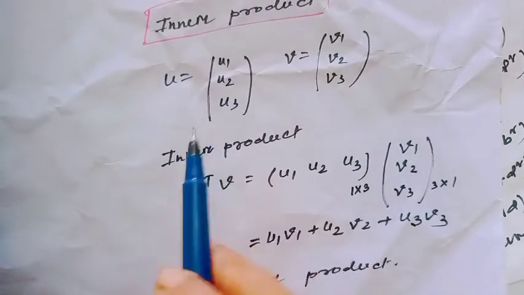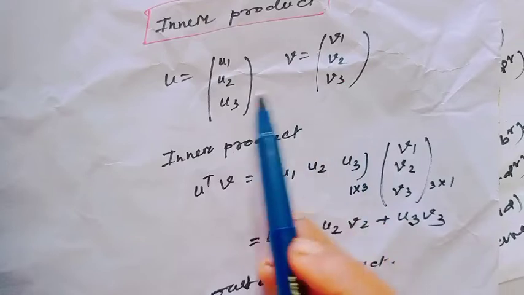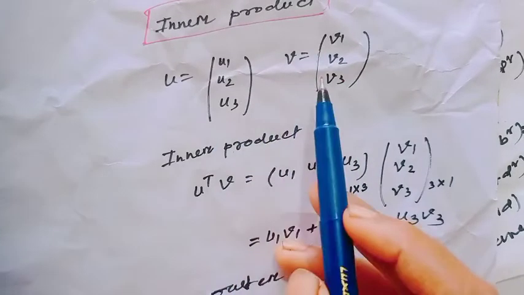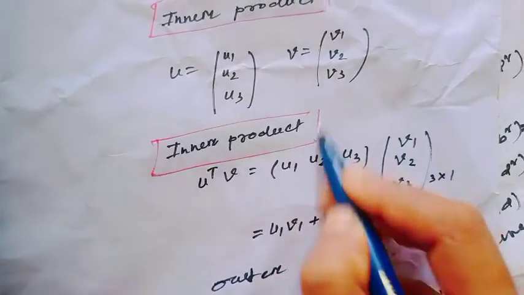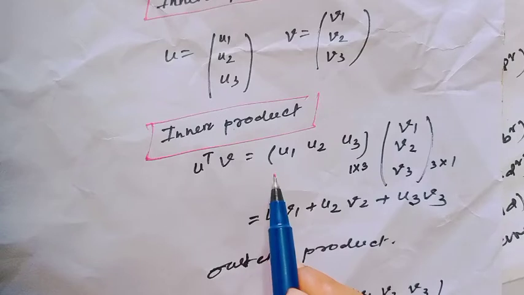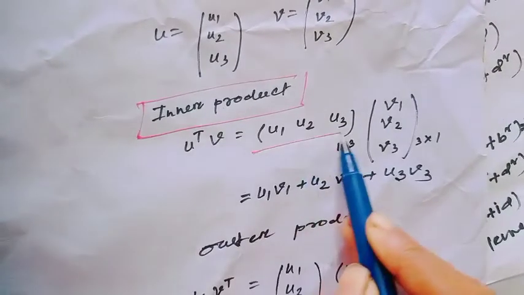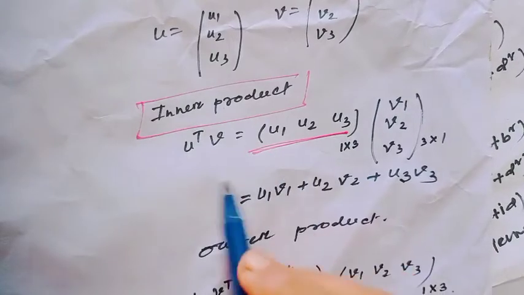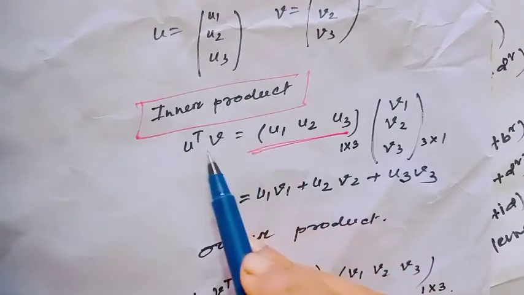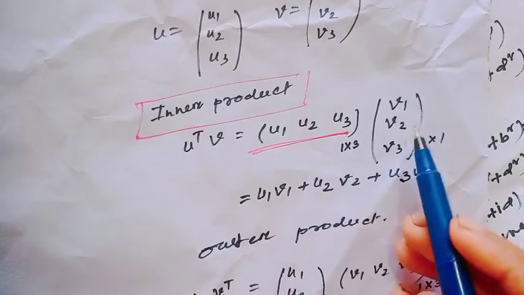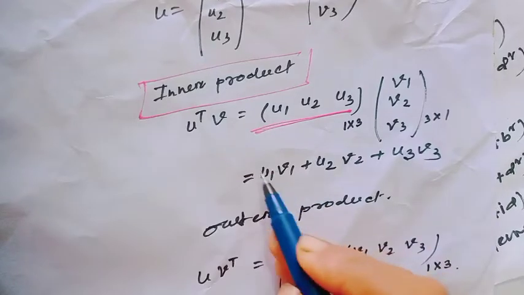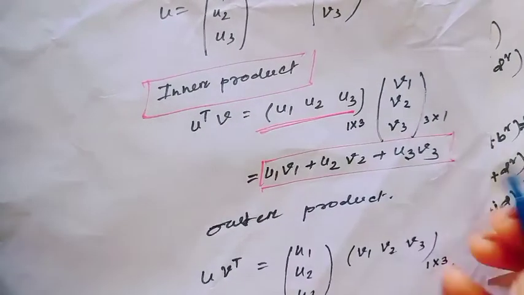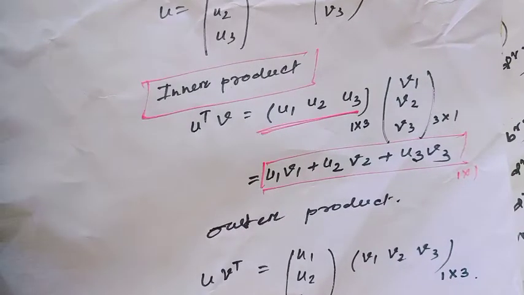This notation is the outer product because we all know, if we consider the vectors u equal to u1, u2, u3 and v equal to v1, v2, v3, then the inner product looks like u transpose v, and this would be a 1 cross 1 matrix.